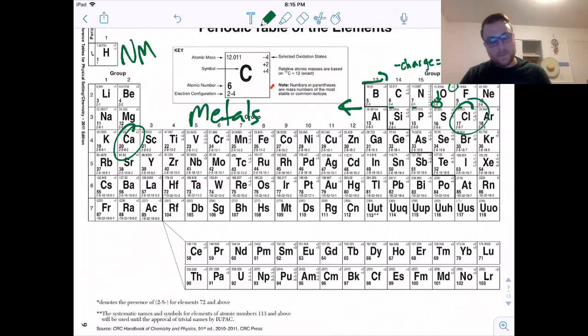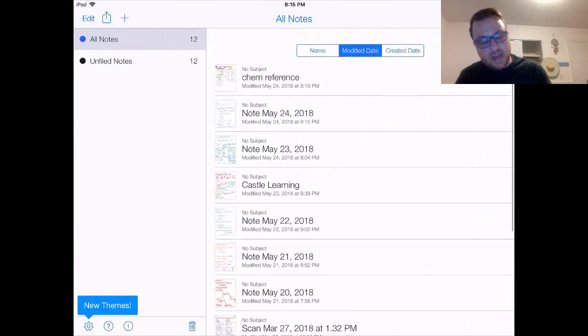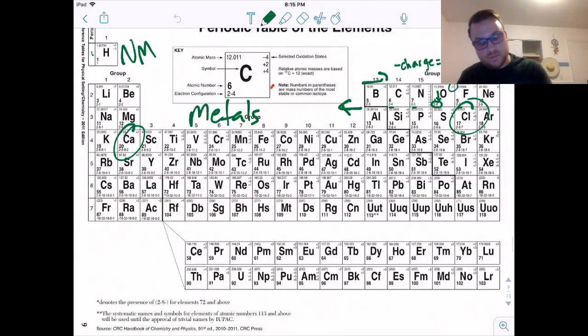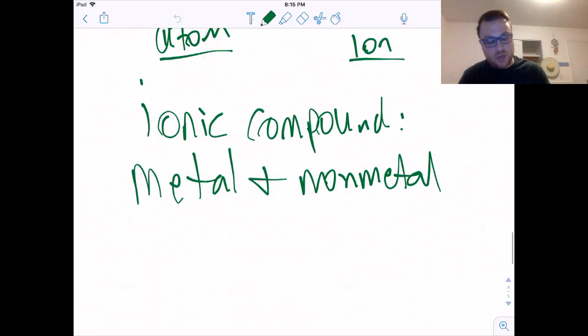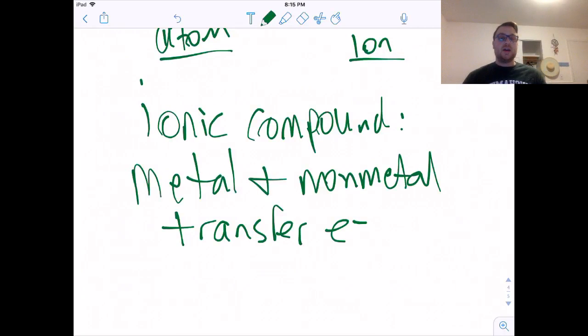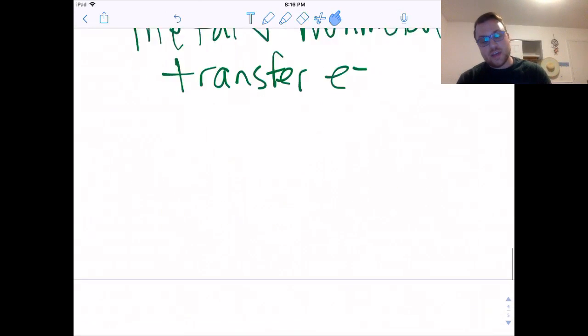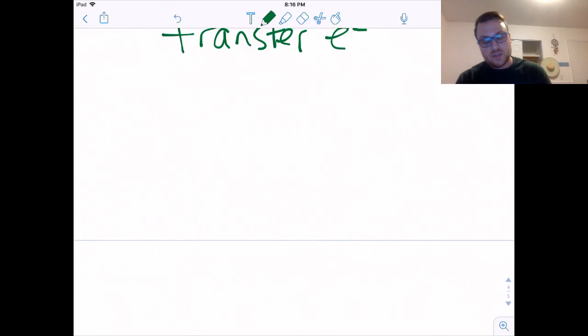The principle of an ionic bond is that they transfer electrons. Electrons are being transferred in ionic bonds. So, what does that look like? Sometimes you might be asked to draw these. So I'm going to draw calcium in the ground state. So calcium's electron configuration is 2, 8, 2.